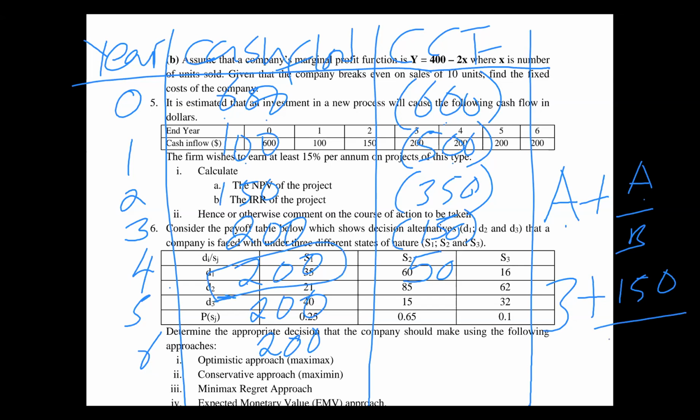It is what? 200, isn't it? Sorry, where did you put the 3? It's the year in which you have the last negative. So what do you get? 150 divided by 200. You get 0.75, isn't it?